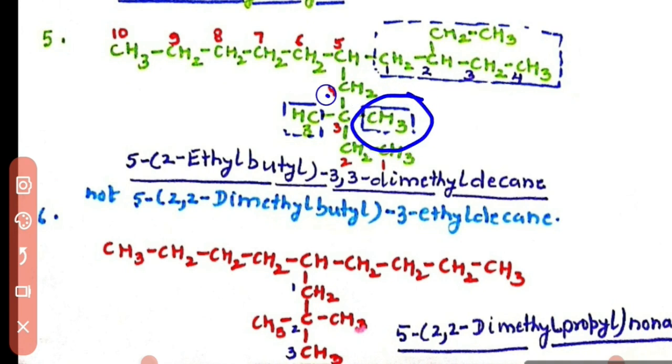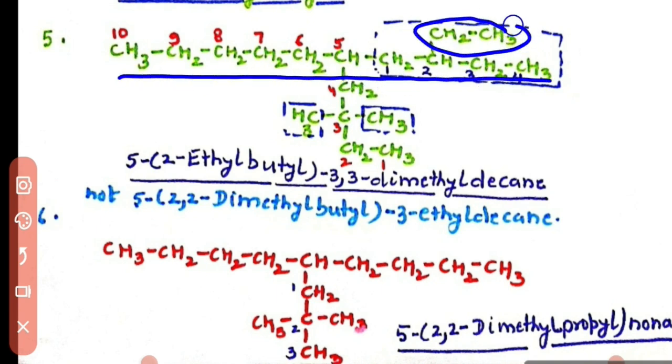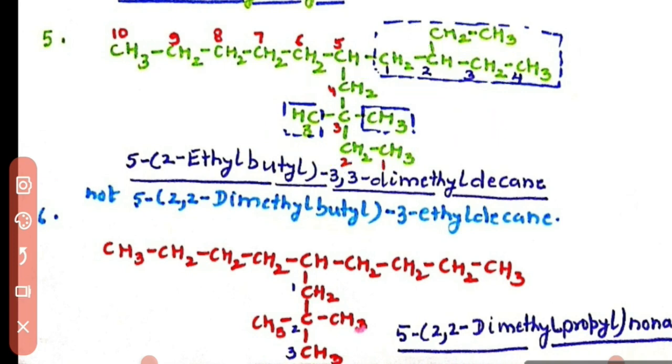This chain also contains 10 carbon atoms, but it contains 3 substituents or branches, 2 methyl and 1 complex branch containing another branch also. But the straight chain contains only 2 substituents.